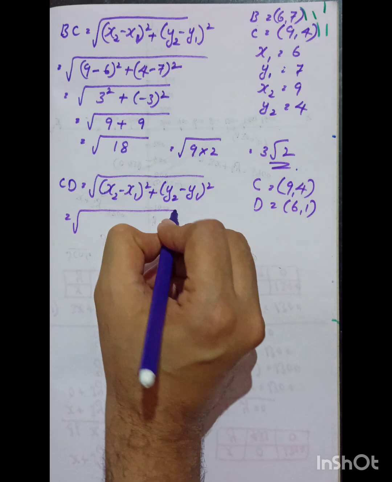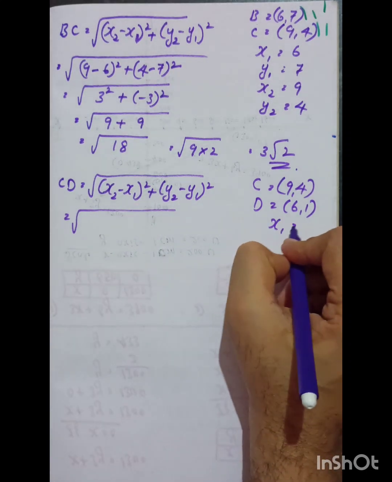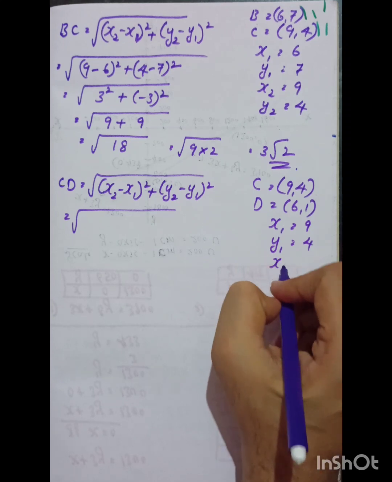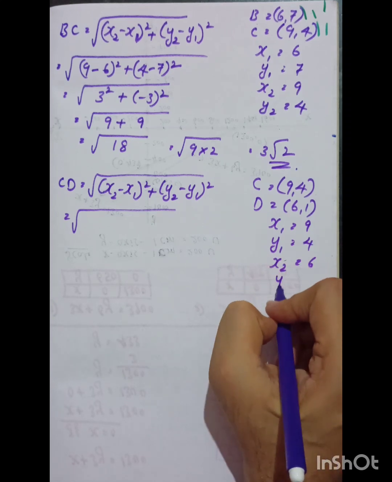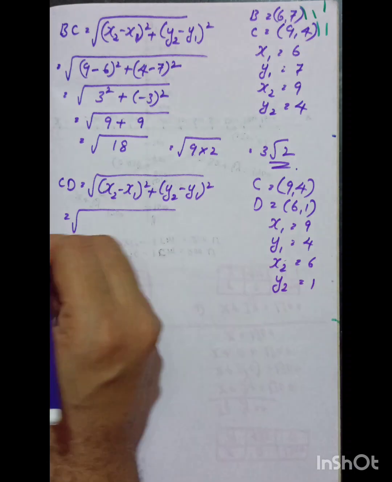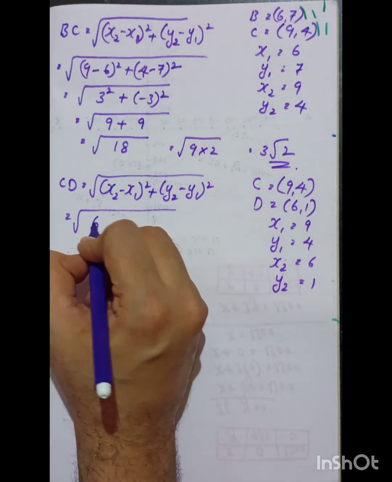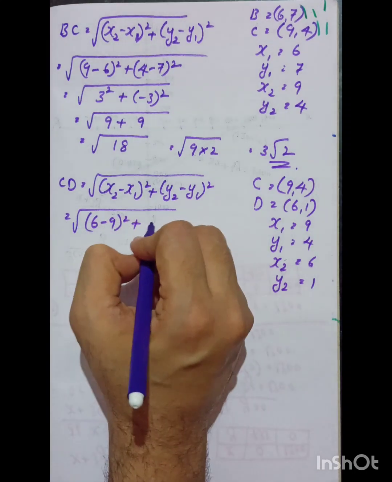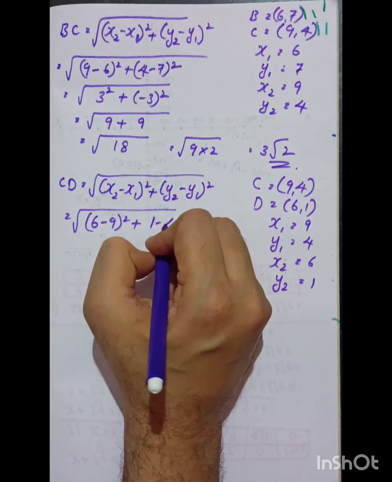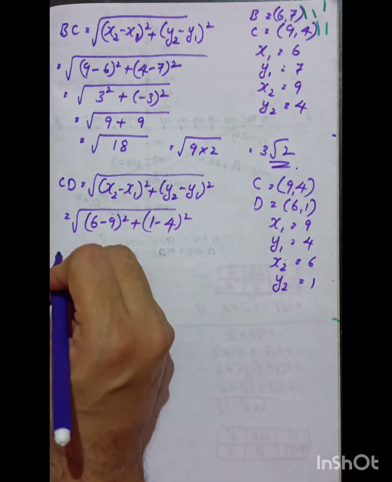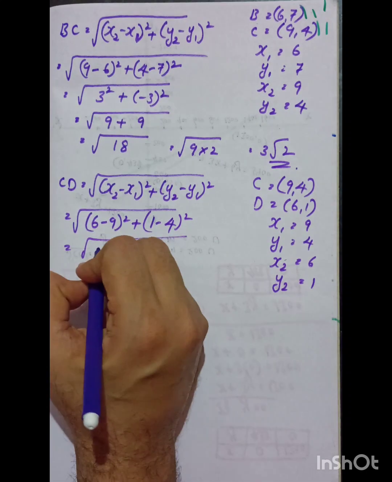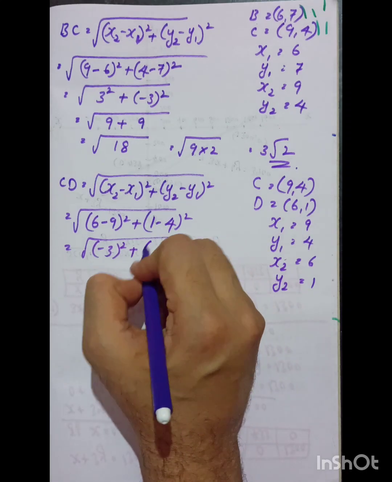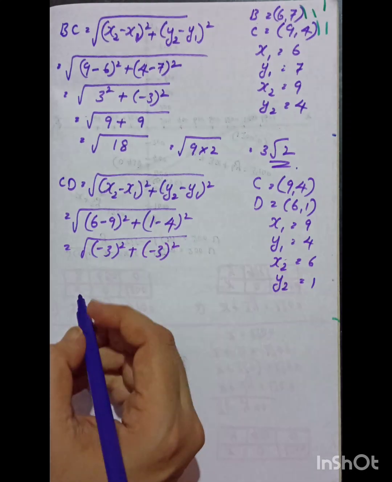Apply x1 9, y1 4, x2 6, y2 1. 6 minus 9 whole square plus 1 minus 4 whole square. 6 minus 9 means minus 3 whole square, and 1 minus 4 is also minus 3 whole square.